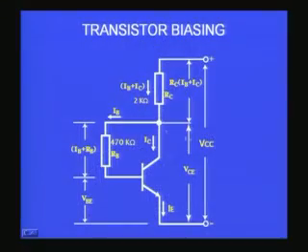Now you can see on the picture, instead of connecting this base resistor to the VCC supply here, I have connected it to the junction between the collector and the RC. That means I am getting the voltage from the collector. The collector voltage is used for driving a current through the base. This is called collector base bias.